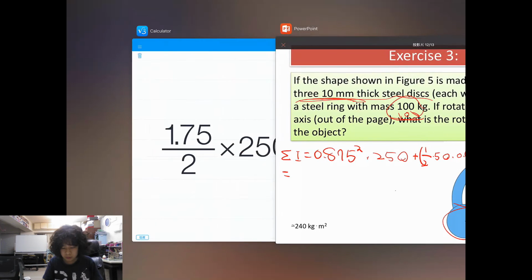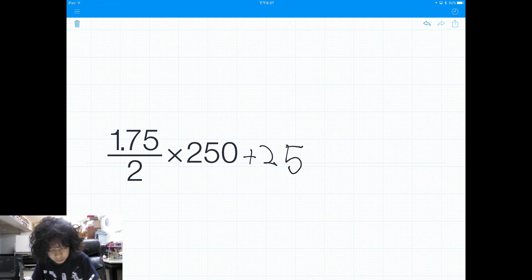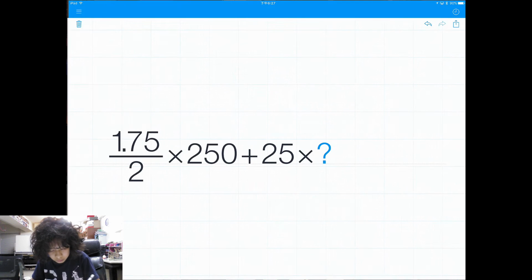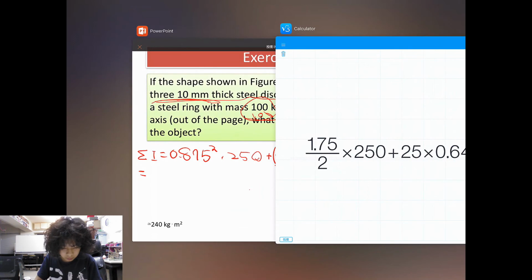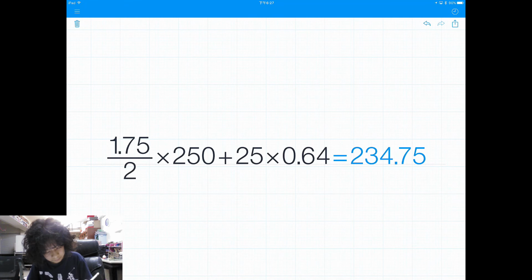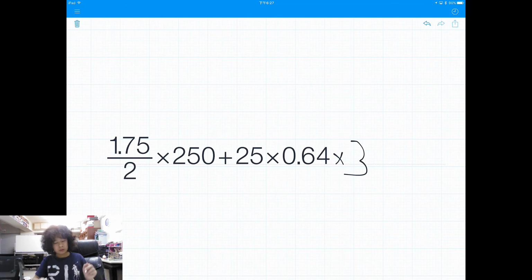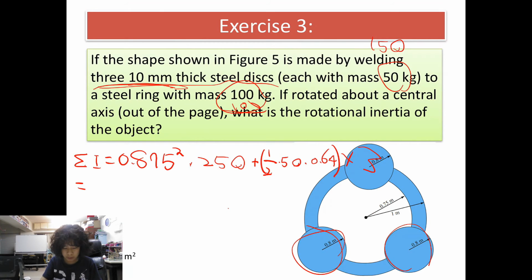So that's 0.875 squared times 250 plus 50 kilograms, half, and r squared, times 3.